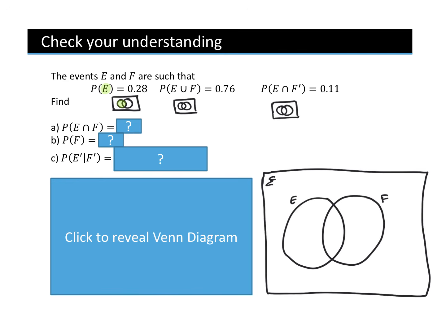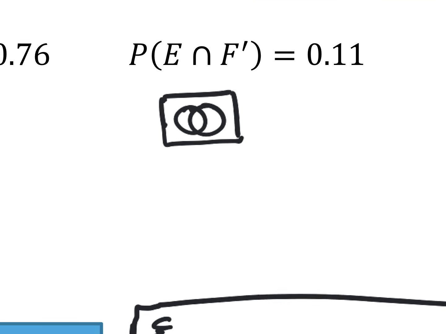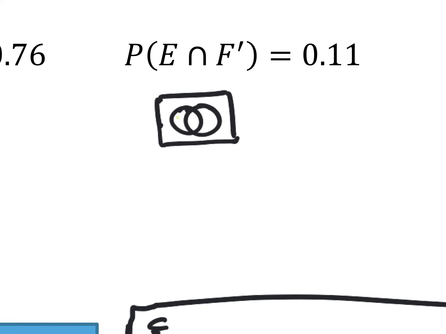The probability of E union F is E or F. The probability of E intersection not F. Now, I'm just going to break this up. E is here. Not F is here. And the intersection, where do they both cross, it's here, just this little section here.